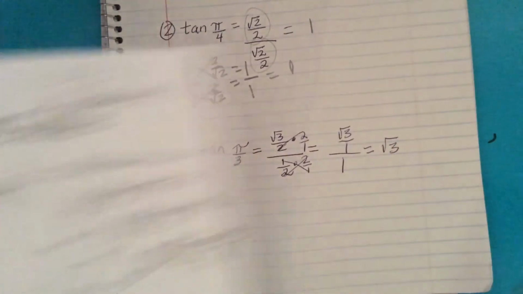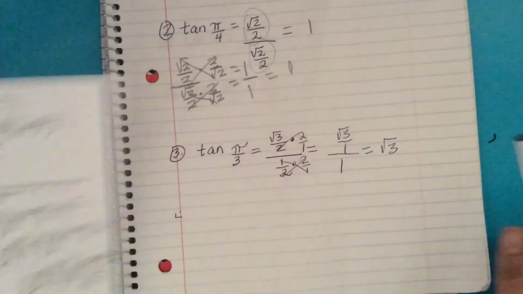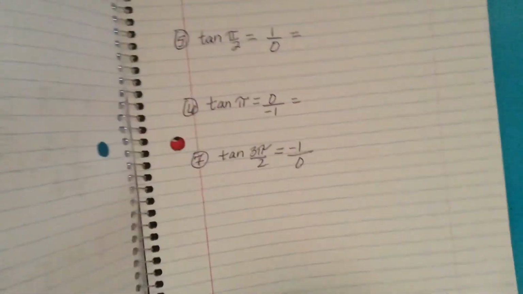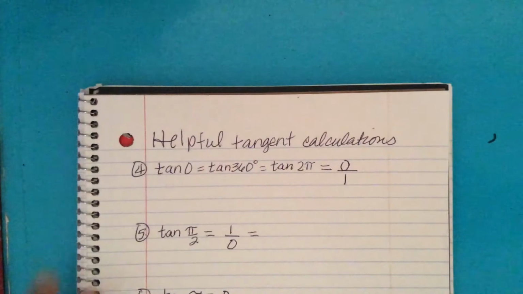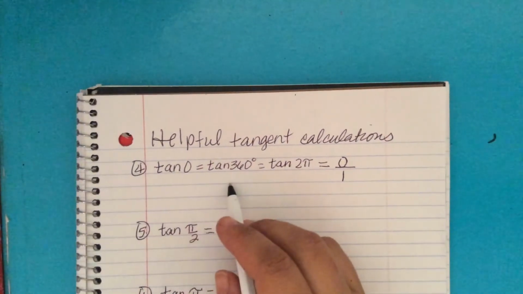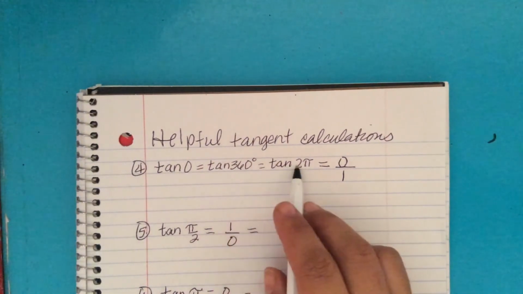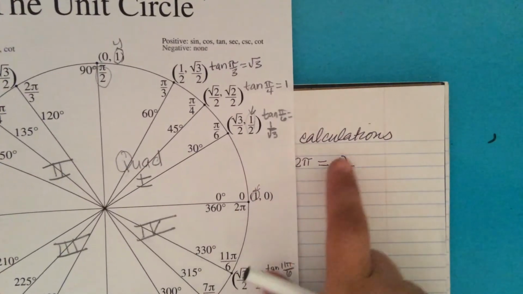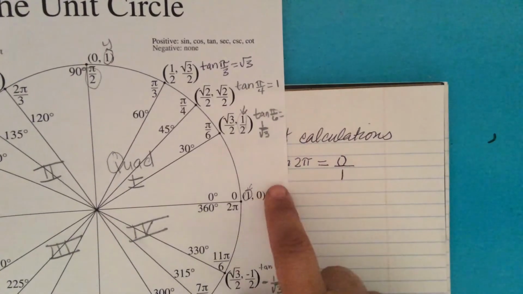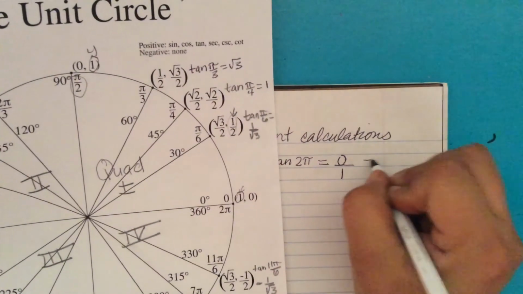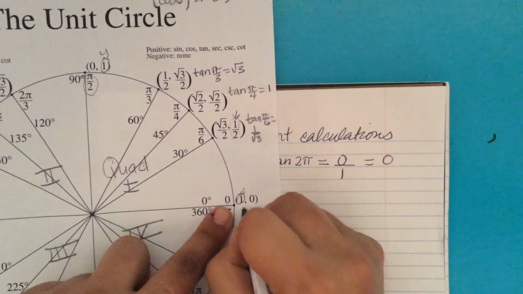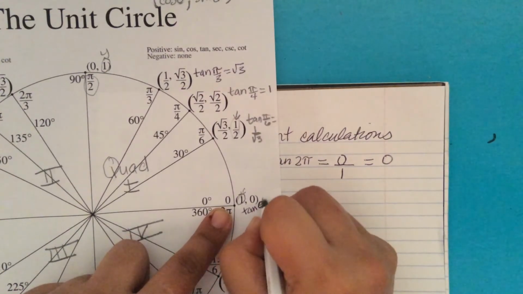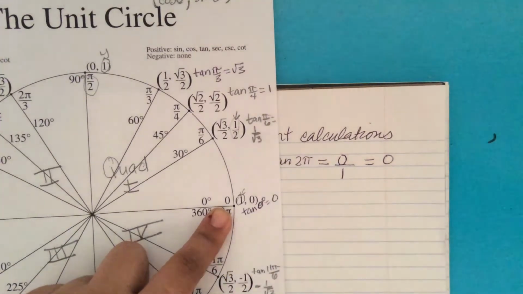Now we do want to do the ones right here as well. So I'm going to flip the page, and we're going to do the tangent of 0, which is also the tangent of 360, which is the tangent of 2 pi. Right here, you're going to do sine over the cosine, so 0 over 1, that's just 0. So over here you can put that the tangent of 0 degrees is 0.